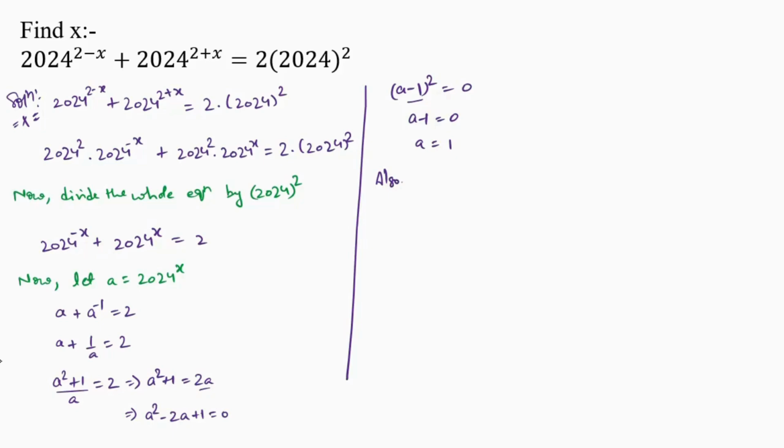Also, earlier we have assumed that a is 2024 raised to power x. So 2024 raised to power x equals to 1, and 1 can be written as 2024 raised to power 0.